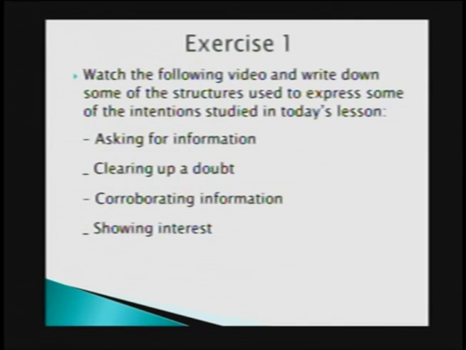So these intentions that we saw last lesson and in today's lesson too, asking for information. So it's general question to satisfy general need. It's very general, this meaning. Clearing up a doubt. So what kind of elements do they use for that? Corroborating information and showing interest.